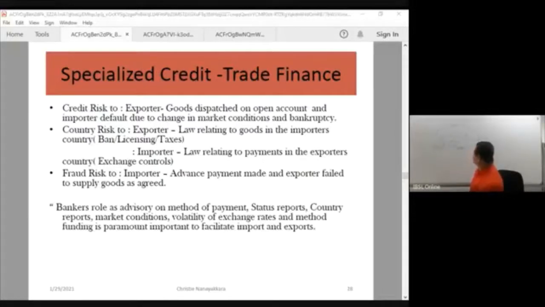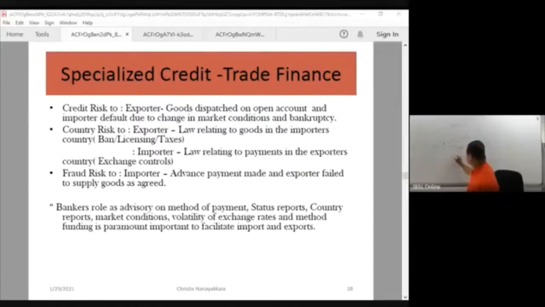Now, there are other ways. A customer, instead of opening a letter of credit, will say, you send me the goods like before. Once the goods come, I will pay.